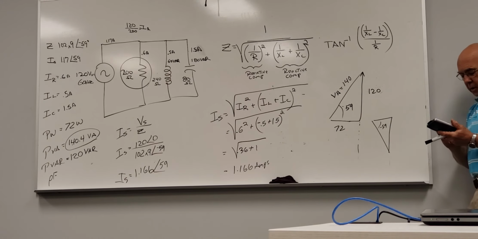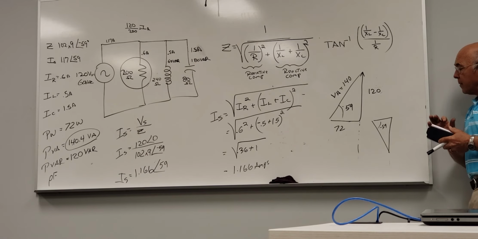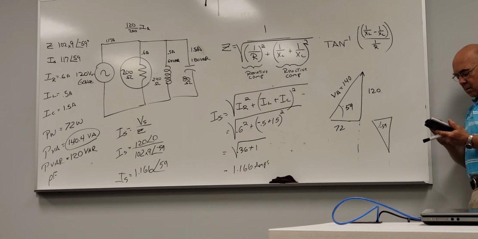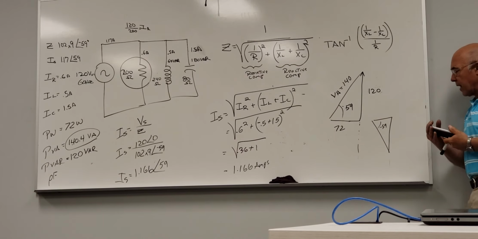That gives 59 degrees, and then you take the cosine of that, and you get 0.51.